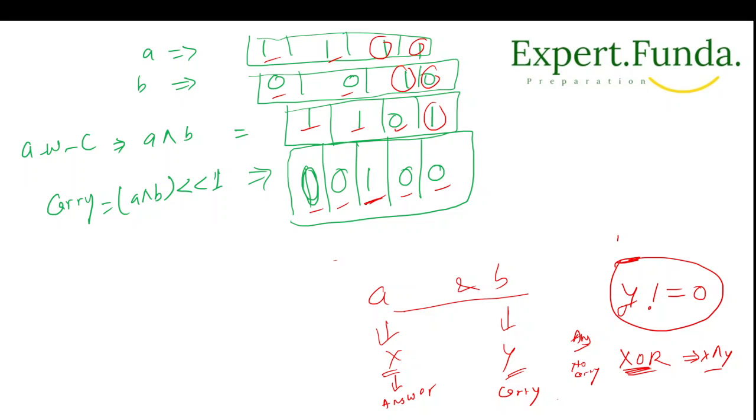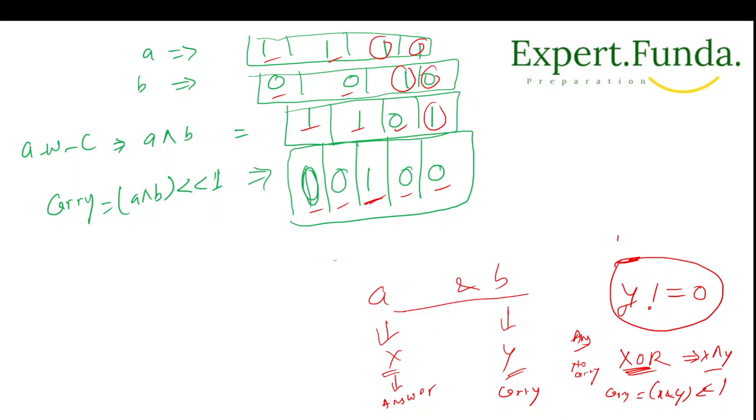And the current carry is the left shift of x AND y, so the carry will become x AND y with a left shift of one. Then our job is done.